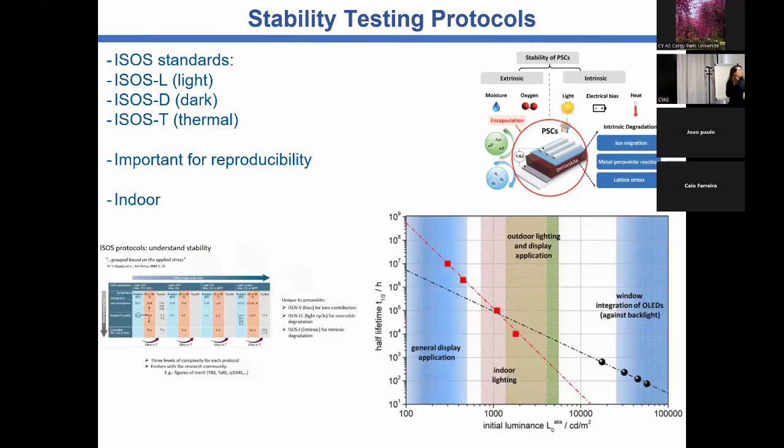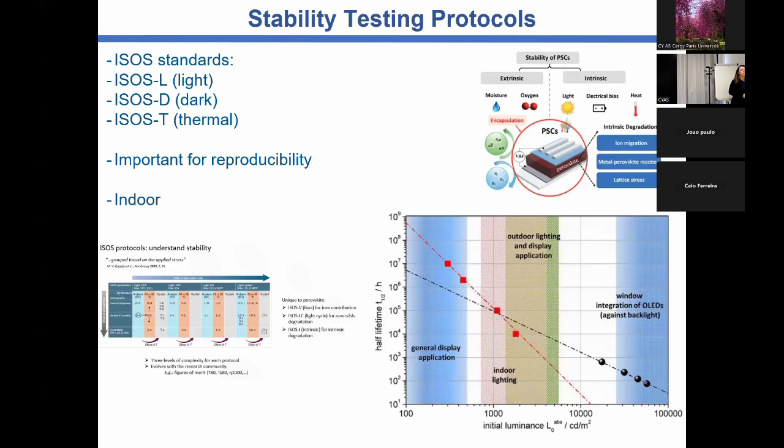But one of the biggest issues nowadays is the indoor protocol, because indoor, as you know, we have several characteristics. For instance, we have some lights with one spectra. We have sometimes oscillation in the electrical building and differences on the light spectra of the lamps.